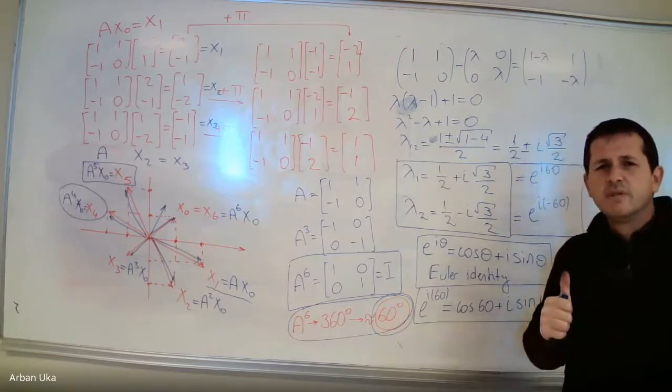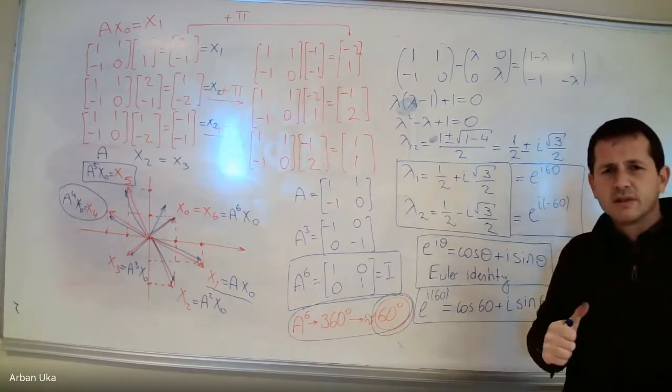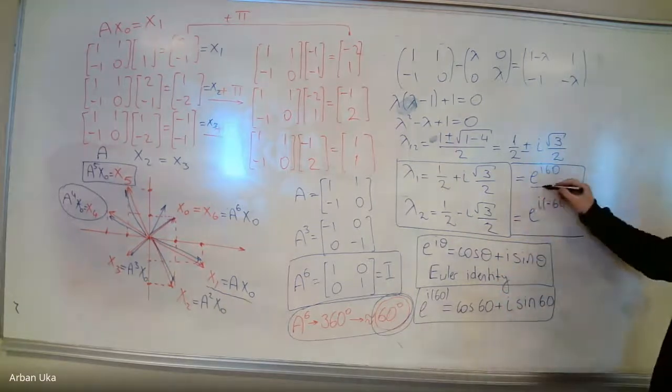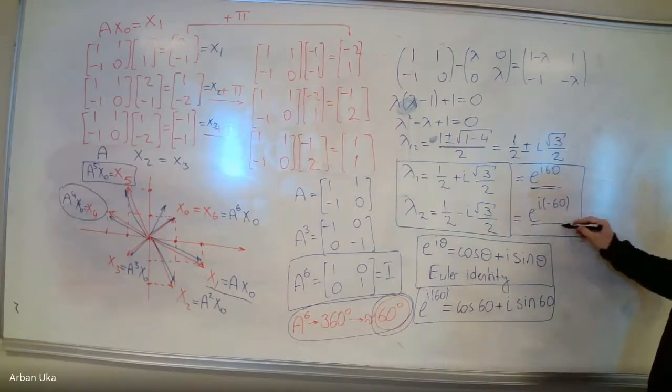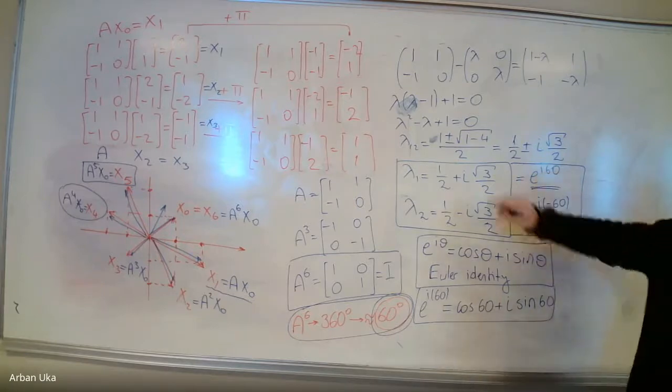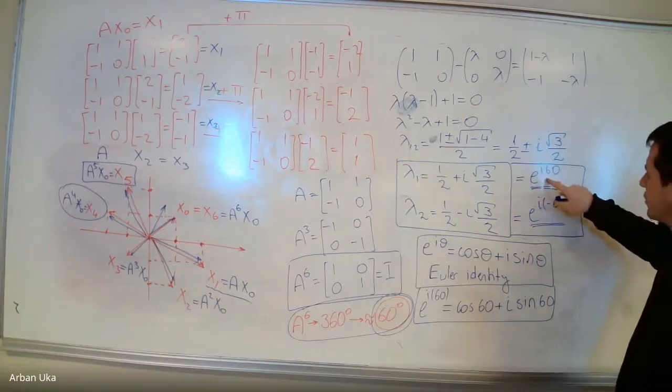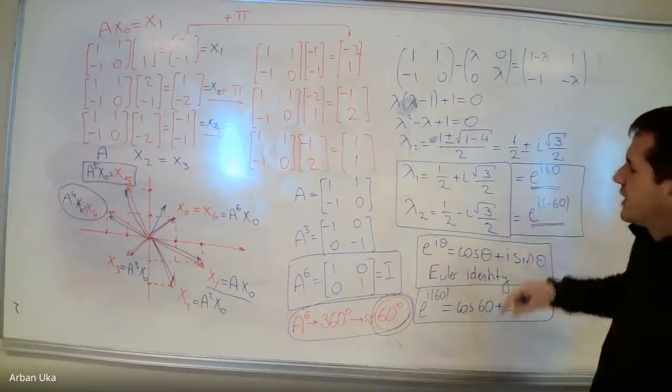So whatever a matrix does to a vector, the same thing is done by the eigenvalue, okay? Because we can see that the eigenvalues of this matrix are what they are, and we know very well what happens if we multiply a complex number.